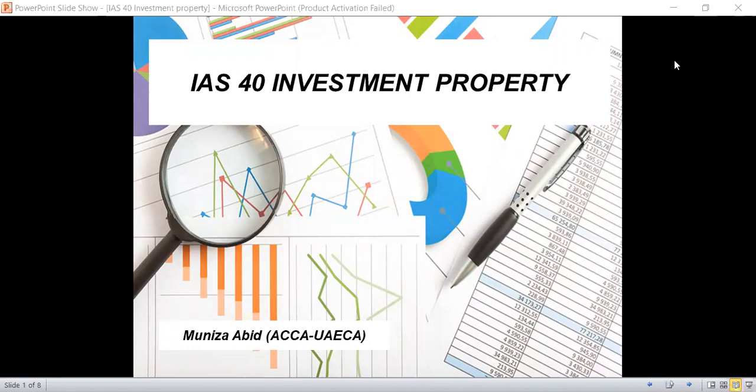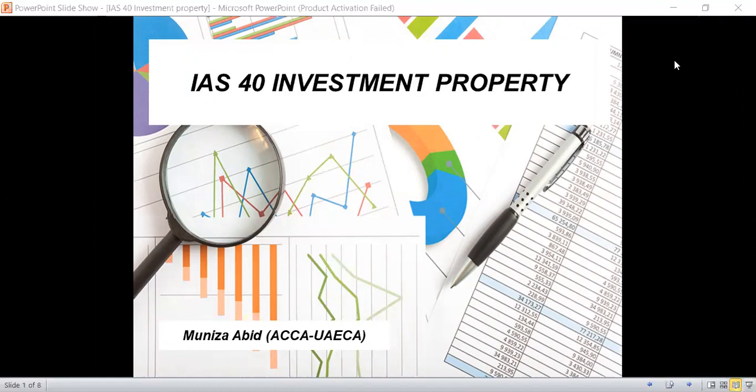Today we will be having a discussion regarding IAS 40, that is International Accounting Standard number 40, Investment Property. My dear students, IAS 40 Investment Property deals with immovable, tangible, non-current assets. As we discussed in my previous lecture, there are two main categories of non-current assets, namely tangible non-current assets and intangible non-current assets.